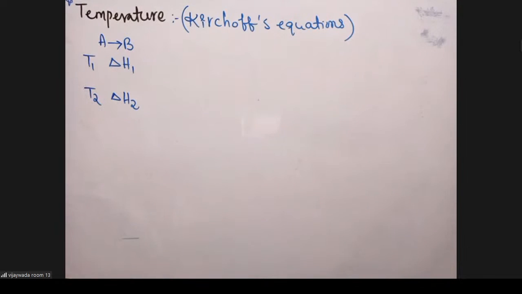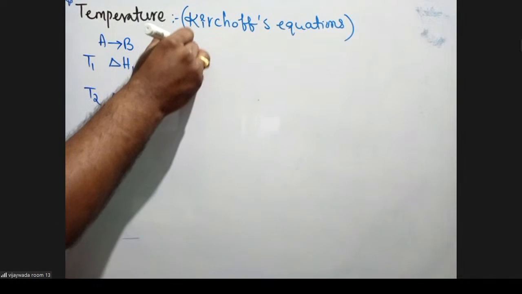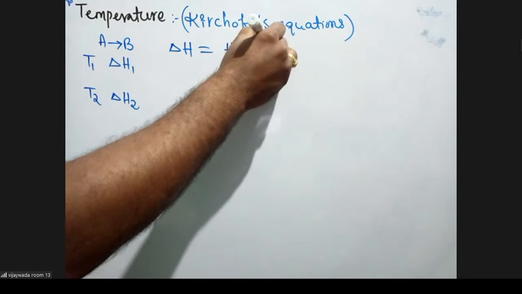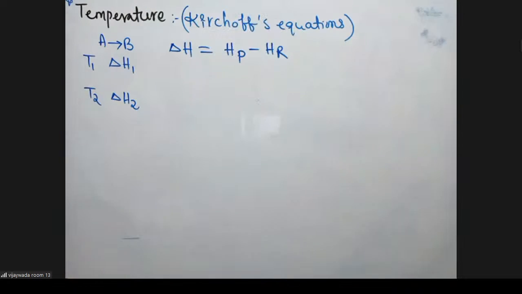At constant pressure, we know that delta H is the heat content of products minus the heat content of reactants.